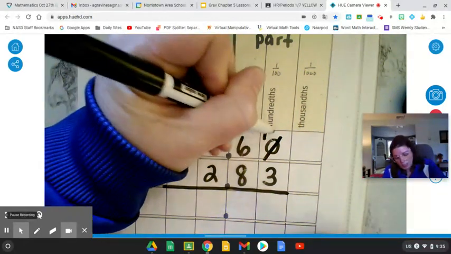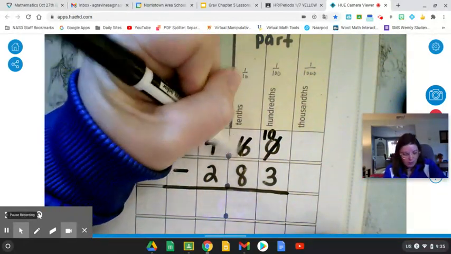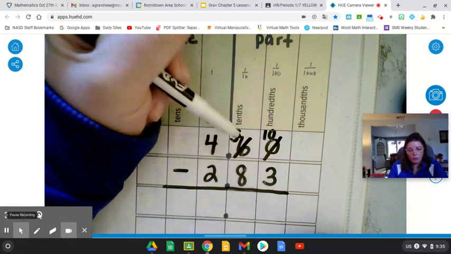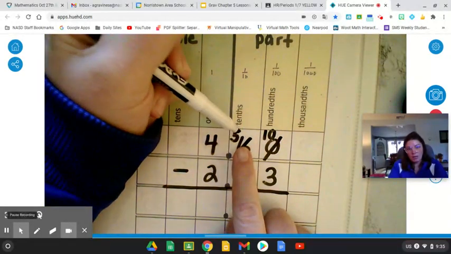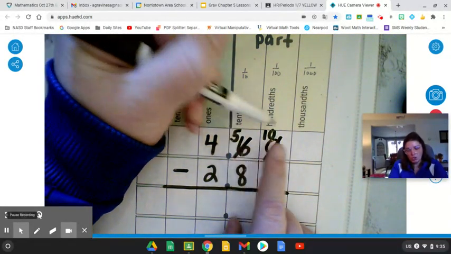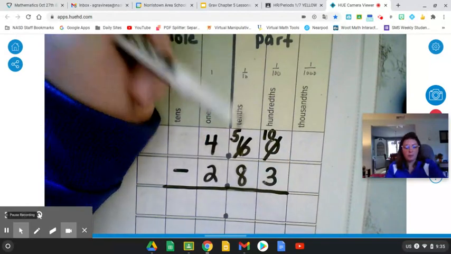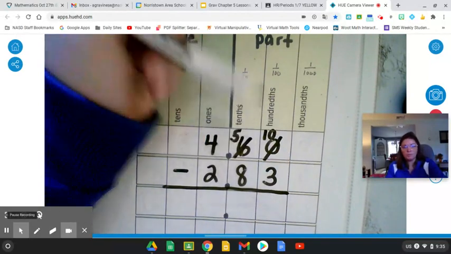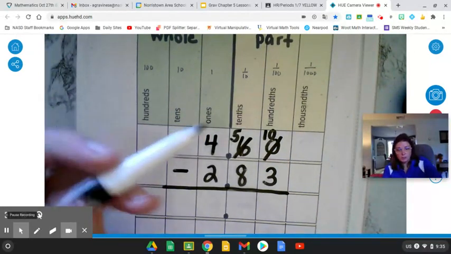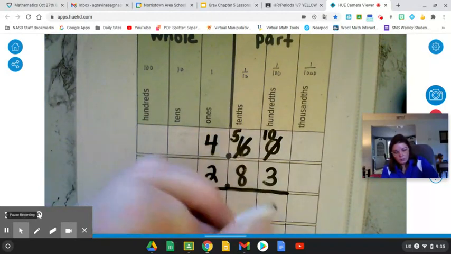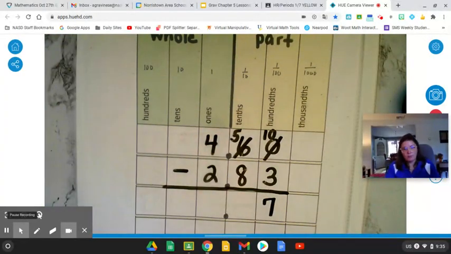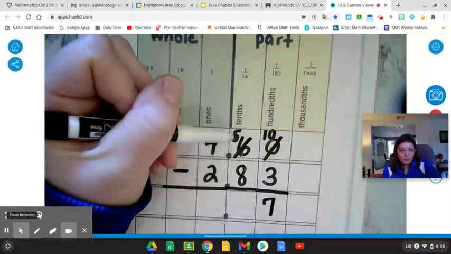That becomes a 10, and that becomes a 5 because we took 10 from this column and shifted it over here, which means this reduces by 1. Now we can subtract. 10 minus 3 is 7, not 3. All right, now let's look at our tenths.